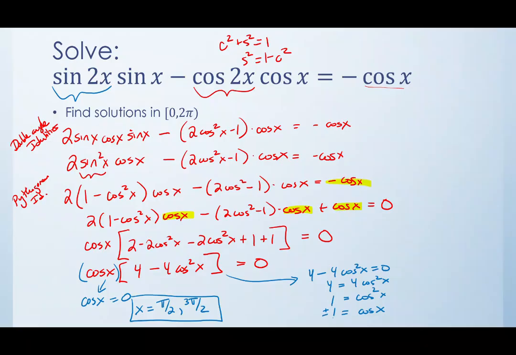So cosine x is going to be plus or minus 1. Where does that happen? That happens at 0. Cosine of 0 is equal to 1. And at pi, cosine of pi is equal to -1. All that work for 3 very basic answers, right? Okay, but that's it. Except, maybe we should check this one on GeoGebra.